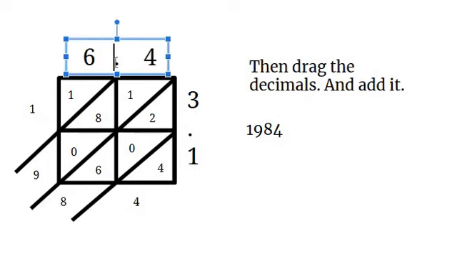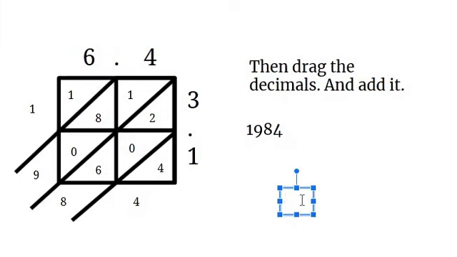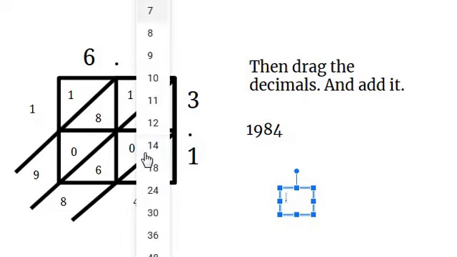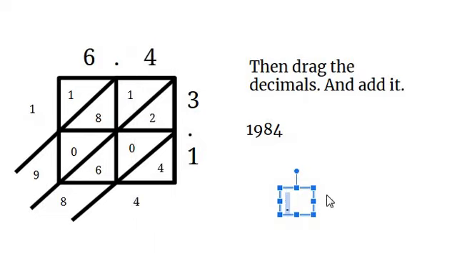Need to make this bigger. There. And you just carry this tiny little decimal down from the line the decimal is lined up with to the line the other decimal is lined up with.